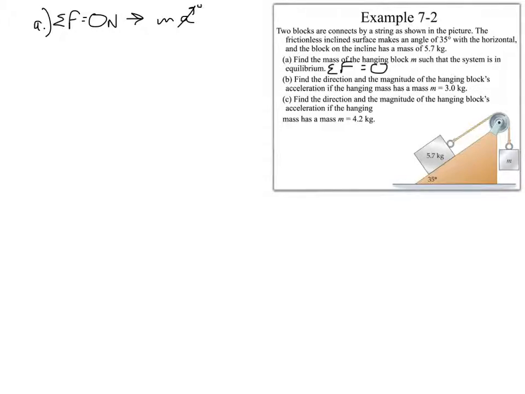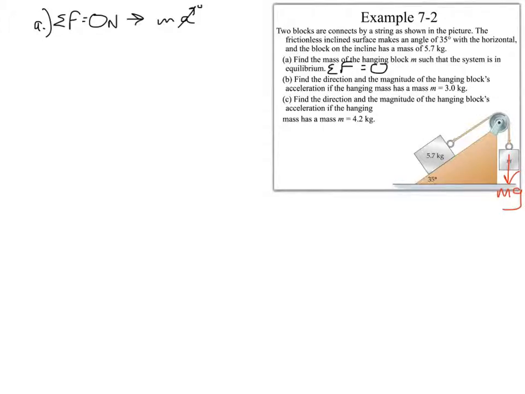So that means all forces in all directions have to balance each other. Well, if we look at this system right here, we do have two forces acting against each other. First of all, we have the unknown mass, m g, pulling straight down. That's the one end of the system.